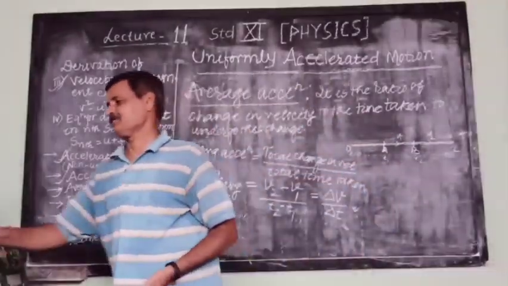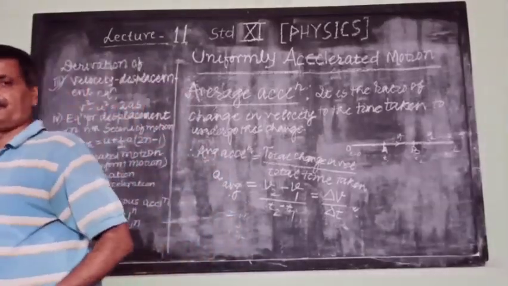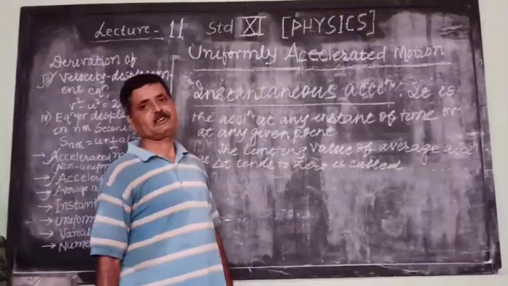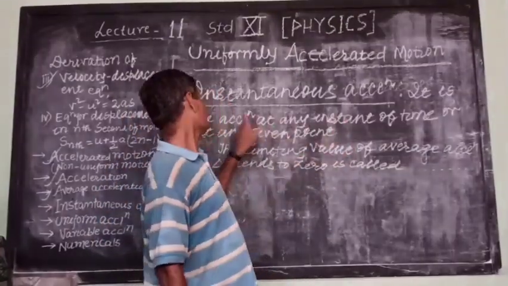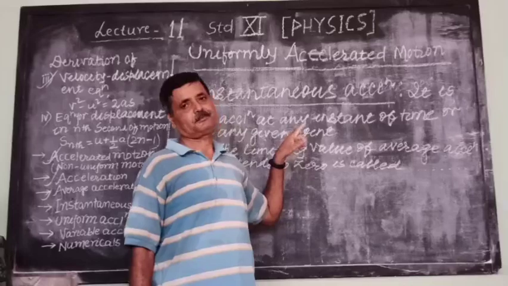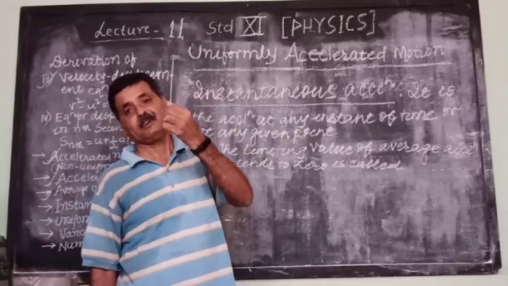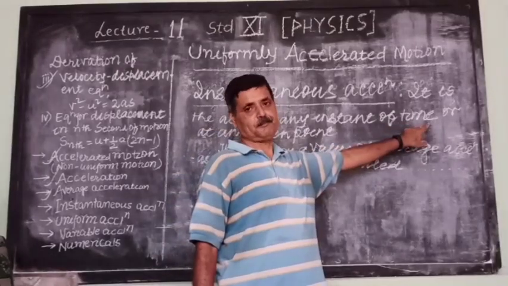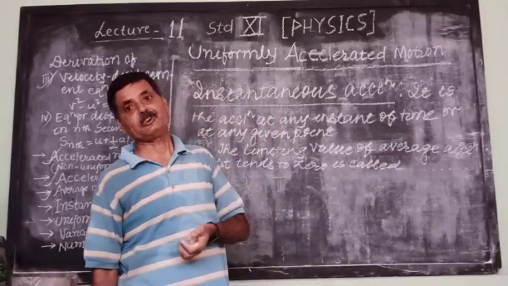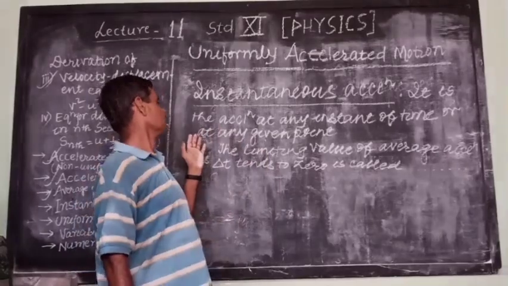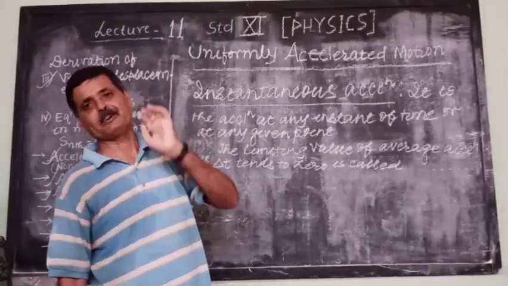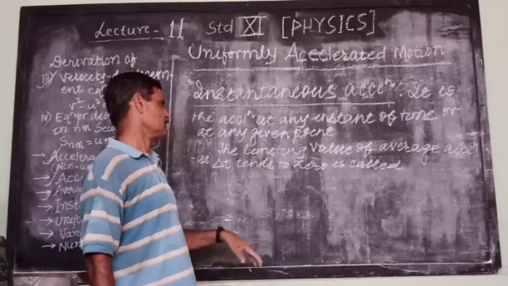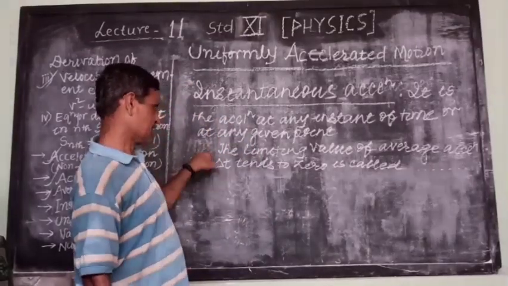Instantaneous acceleration. It is the acceleration at any instant of time. At an instant of time, or you can say at any given point, or any particular time, that is instantaneous acceleration.